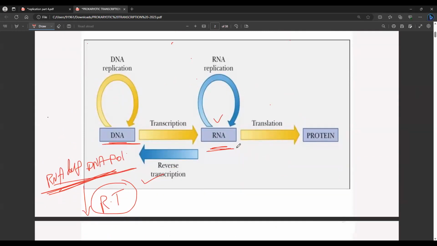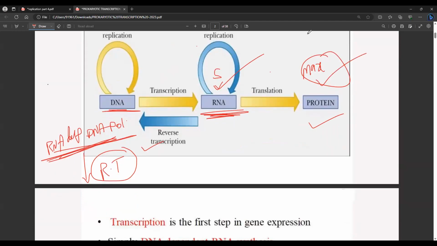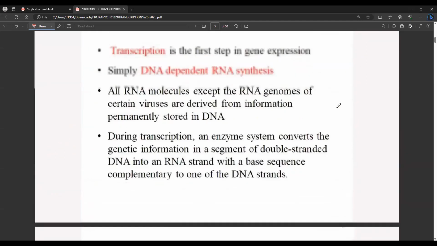Gene expression will start at the RNA level, because at the DNA level just replication occurs. Gene expression starts at the RNA level. The point is that maximum gene expression will occur at the protein level or at the translation level. Please don't get confused with that particular point.